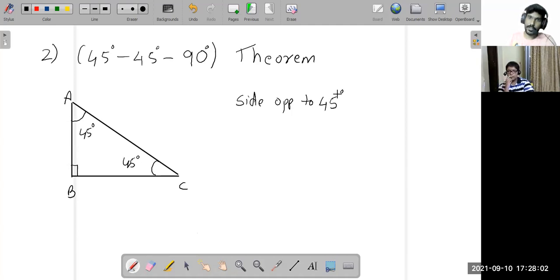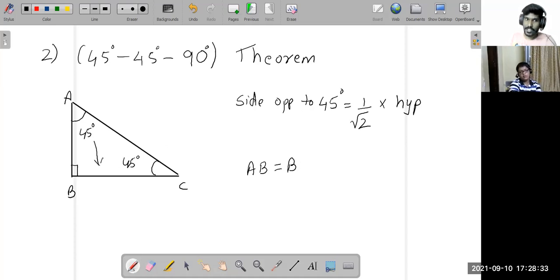The side opposite to 45 degrees will be 1 upon root 2 times the hypotenuse. Now, can you tell me which are the sides opposite to 45 degrees here?